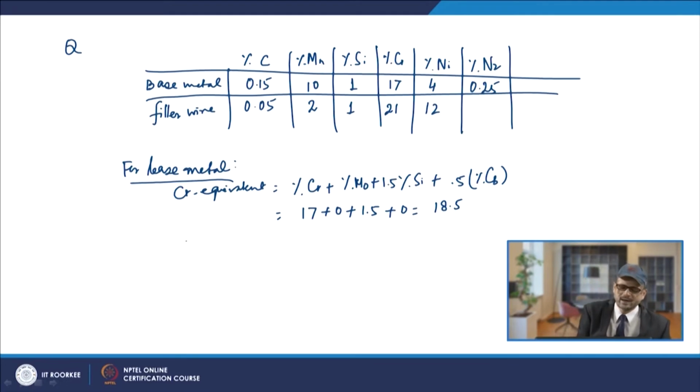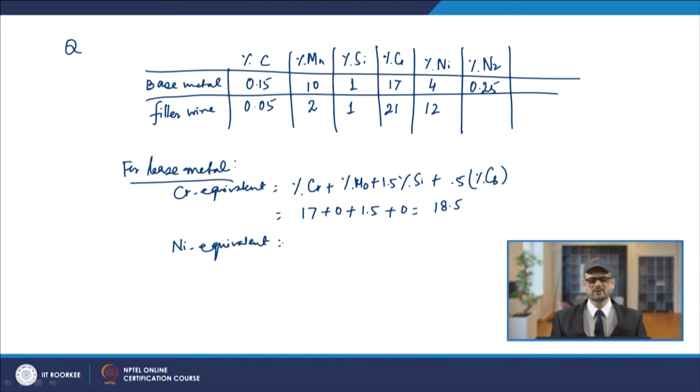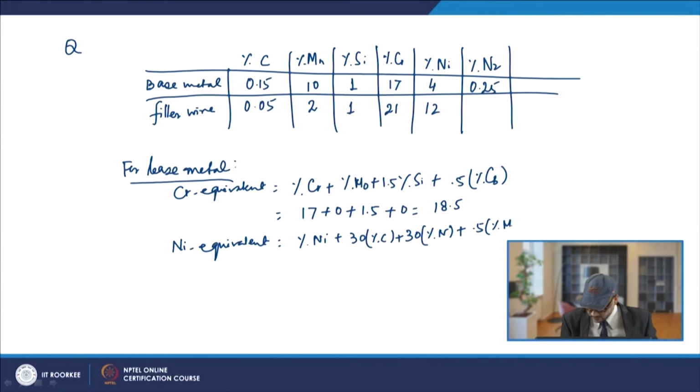Similarly, the nickel equivalent for the base metal is percentage nickel plus 30 times percentage carbon plus 30 times percentage nitrogen plus 0.5 times percentage manganese. Nickel is 4% for the base metal.